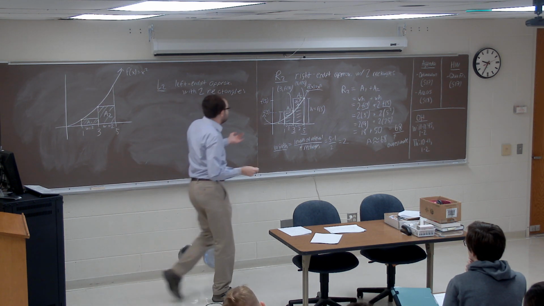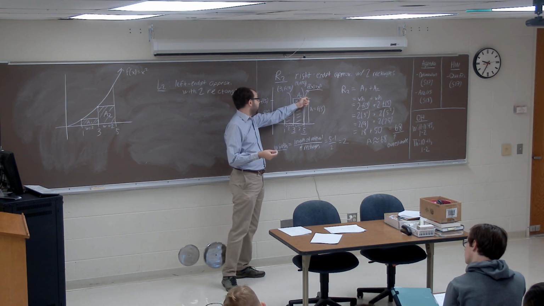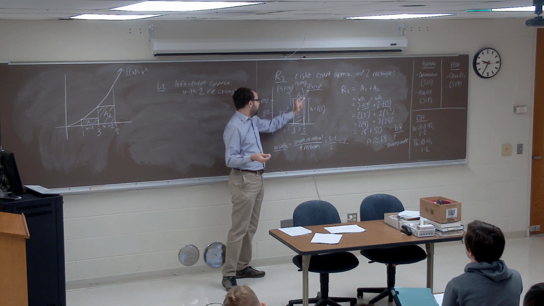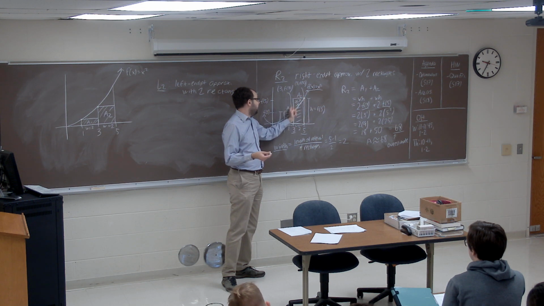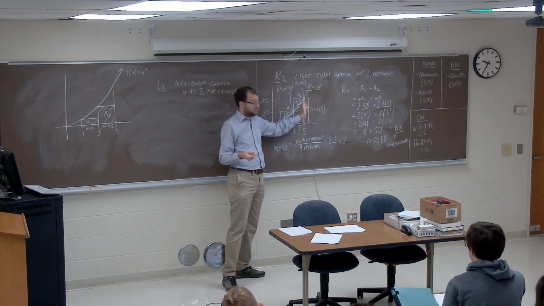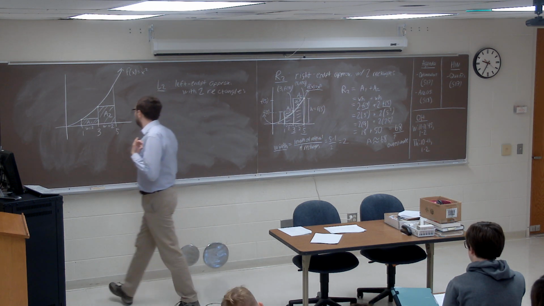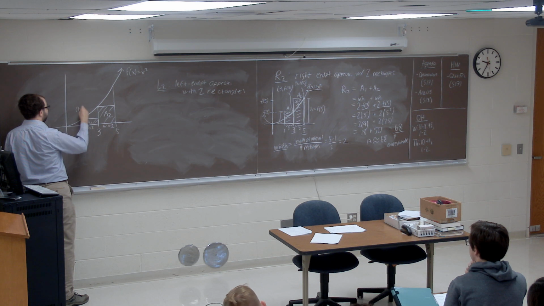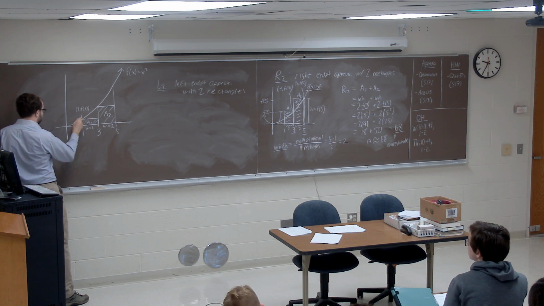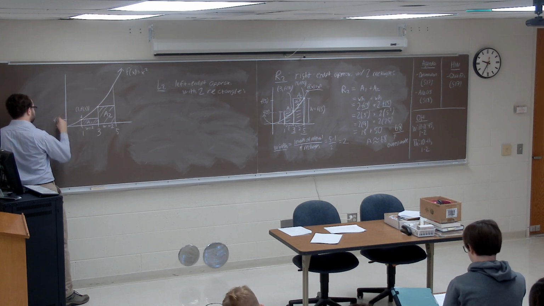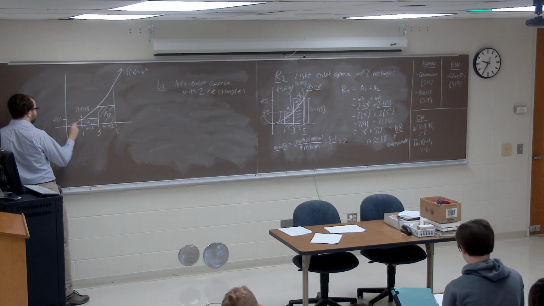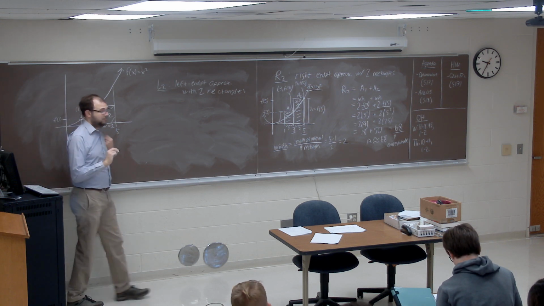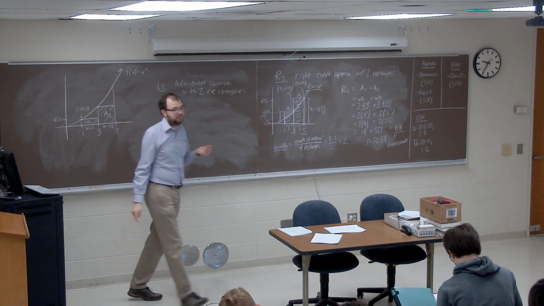Just like over here, when our endpoints were at f of 5 and f of 3 for the endpoints used to find the height of each rectangle. Here, this is at the point x equals 1 on our graph, so the height of our rectangle should just be f of 1, which is 1 squared, or 1.